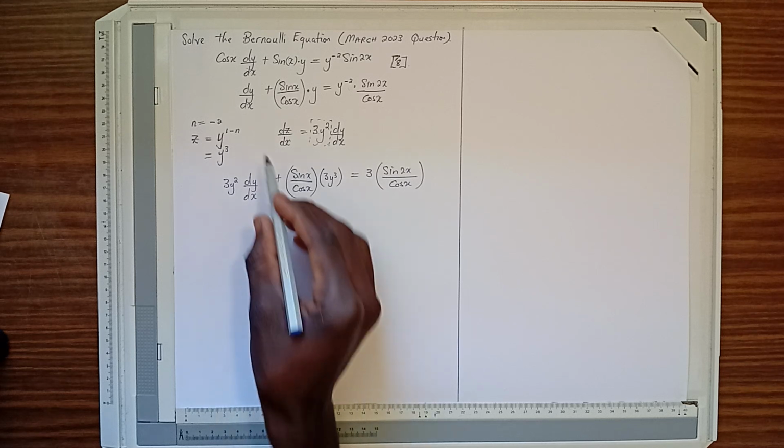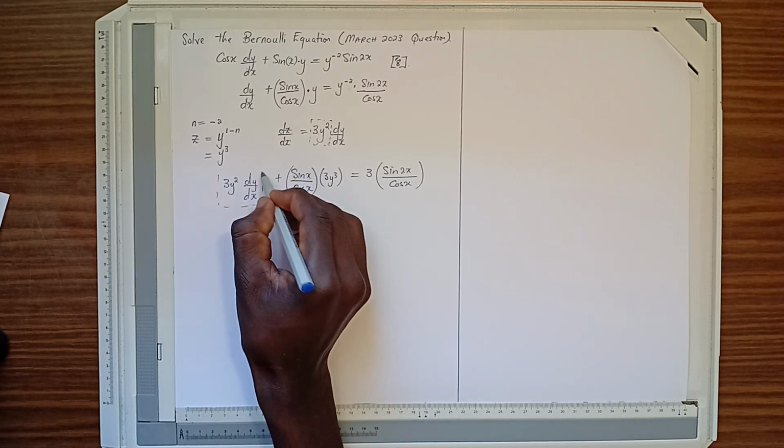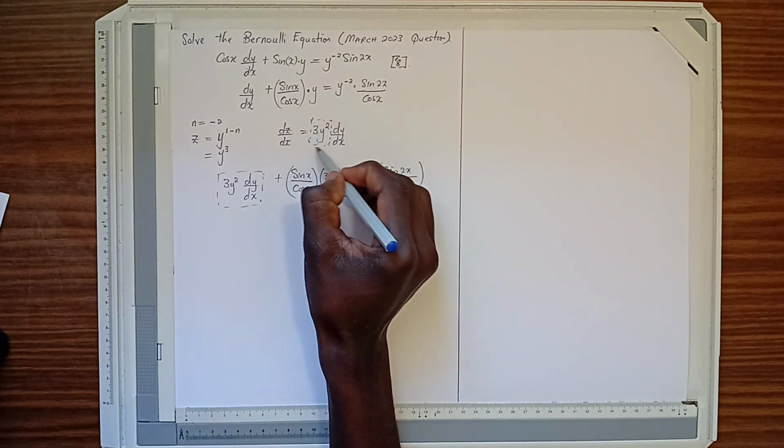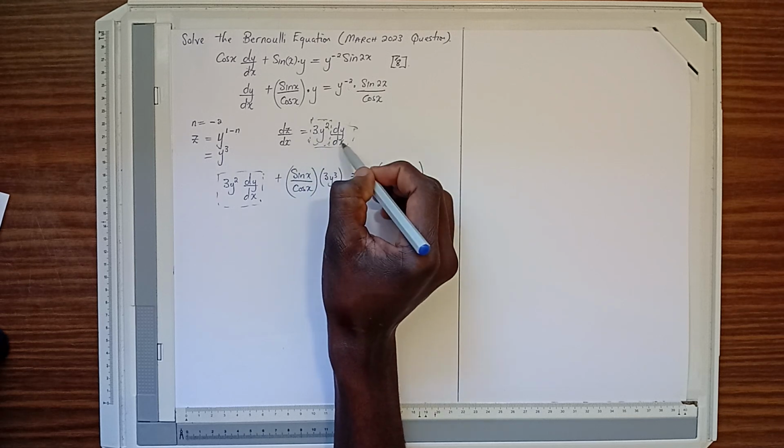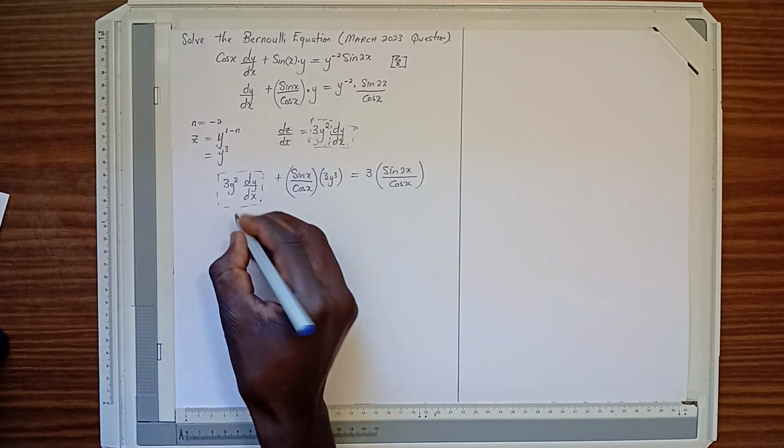Now, you see this part is the same as dz over dx.